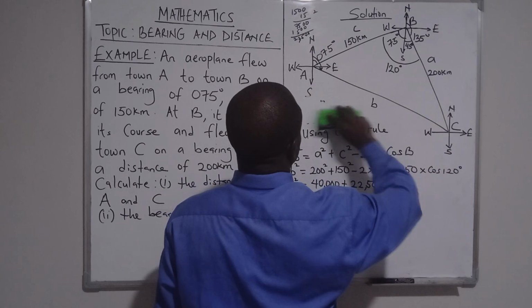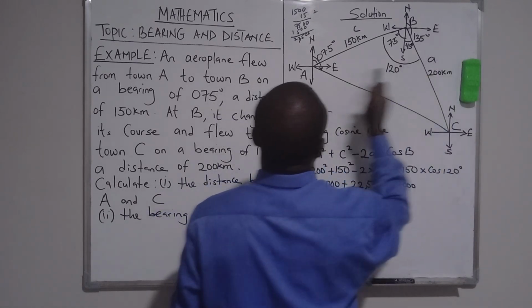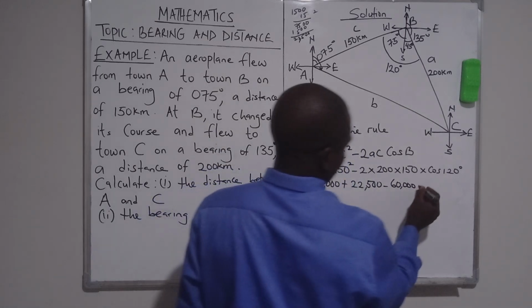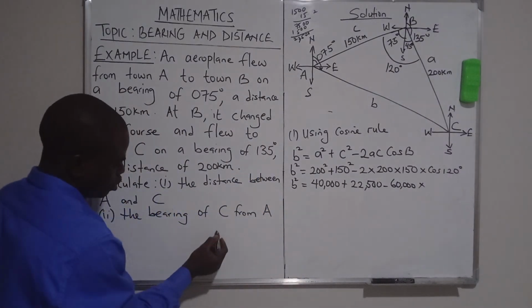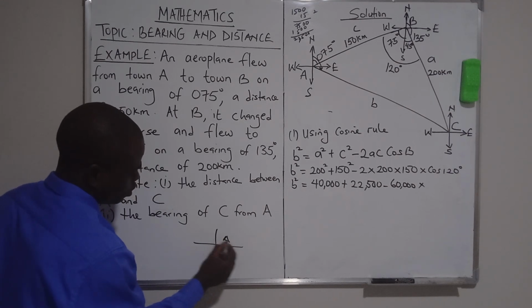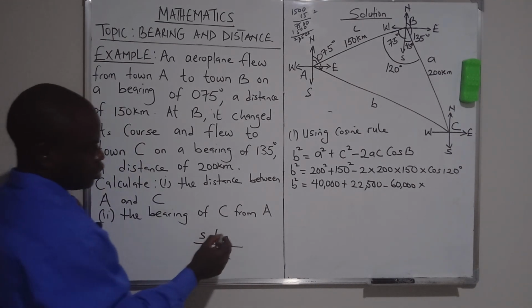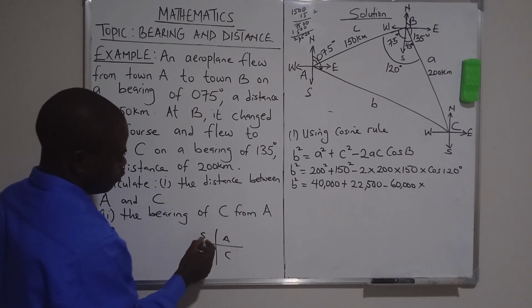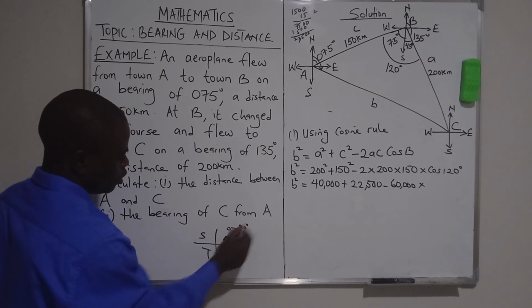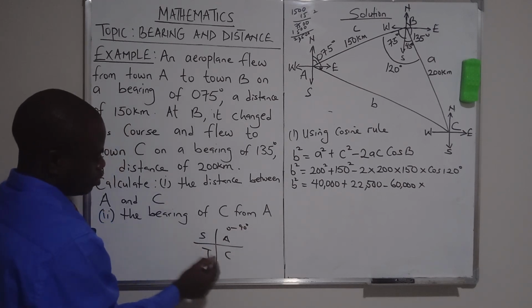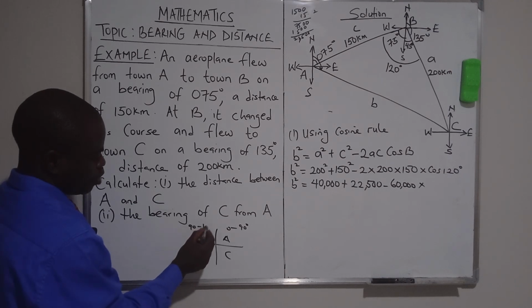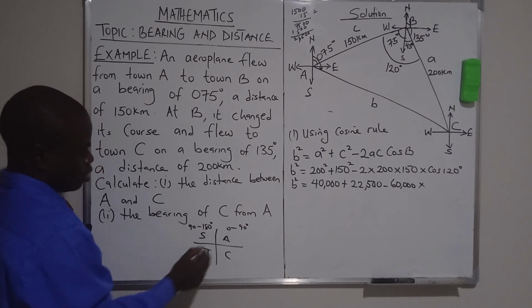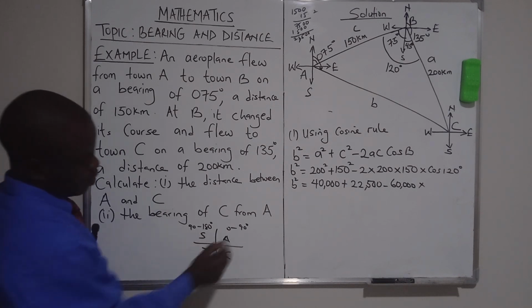To confirm, cos 120: 120 is in the second quadrant, between 90 and 180 degrees.